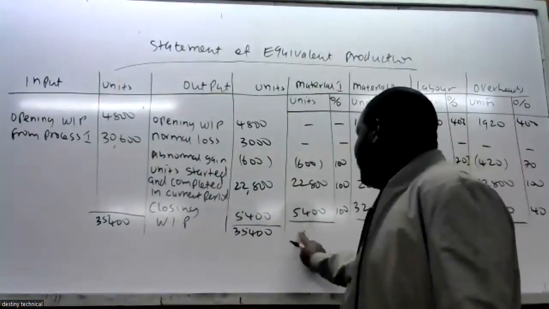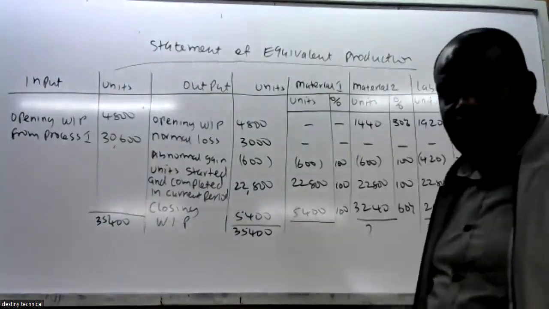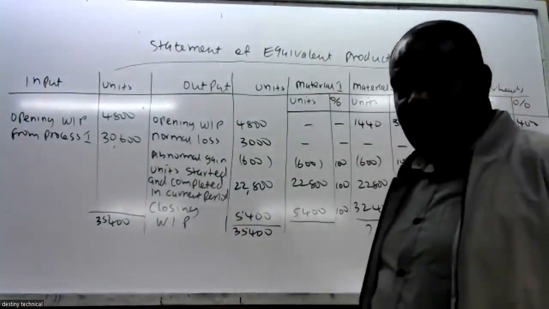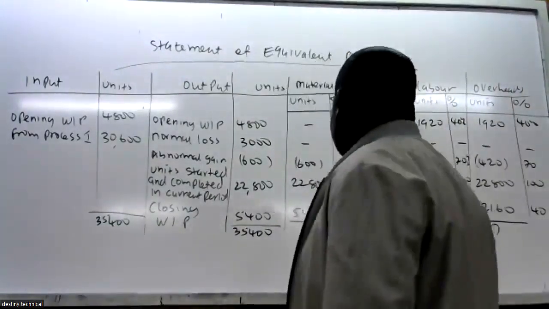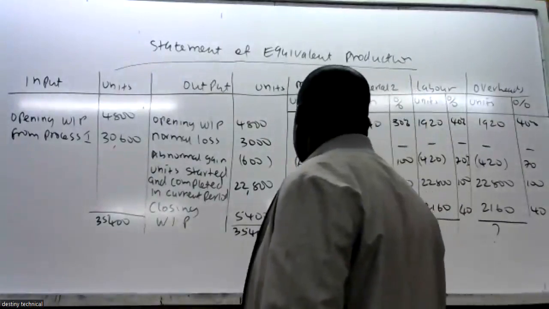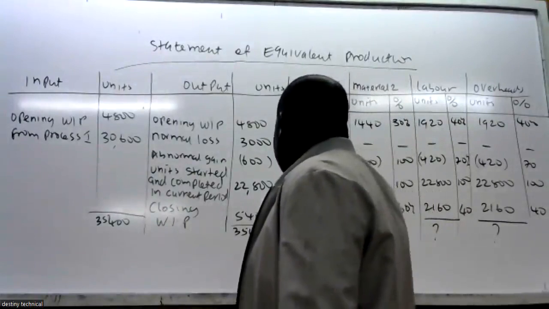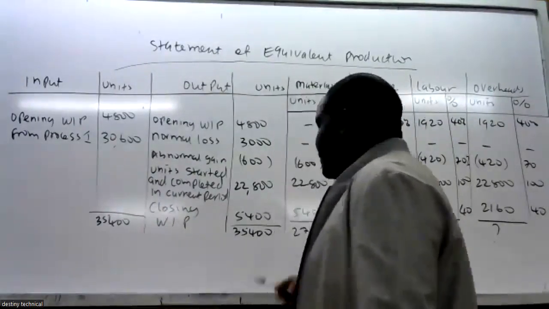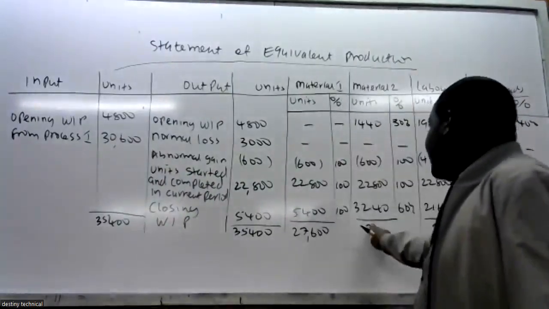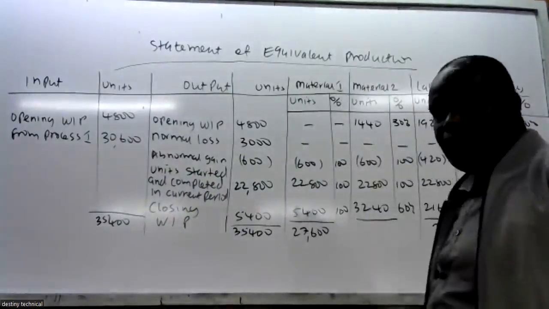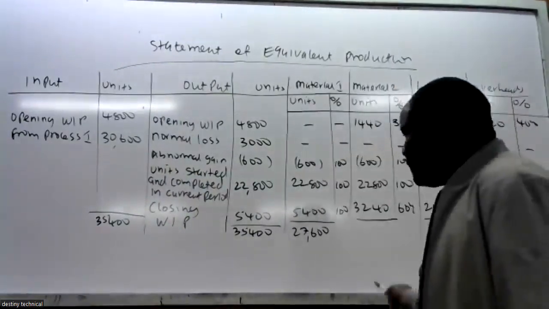Then also give me this one for material one. Material one is 27. How about material two? $26,880.